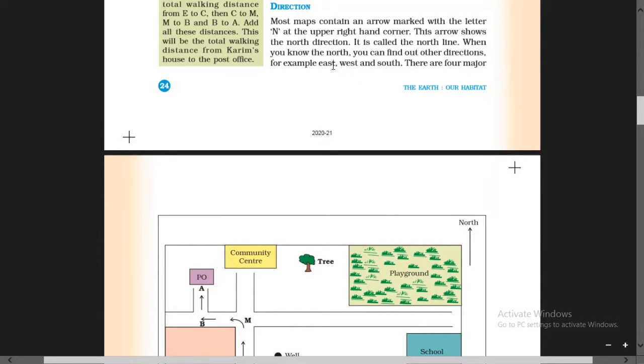Towards your right side you get the east direction, and towards your left side you get the west direction. So the opposite of north is south, towards your right side is east, and the opposite of east is west. This way you can find out the four directions.